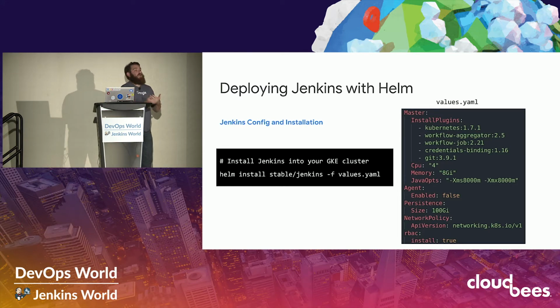I'm not going to be storing my artifacts there. I'm going to use the Google Cloud Storage plugin to store my artifacts, so I don't expect this to get huge. And then I'm going to enable the security features that I talked about earlier, the network policy, which limits the network access of Jenkins and its build executors, and then RBAC to make sure that Jenkins can't access and do weird things to the Kubernetes API.